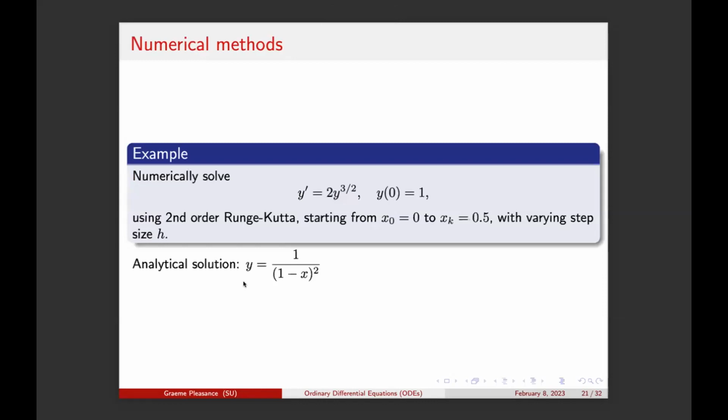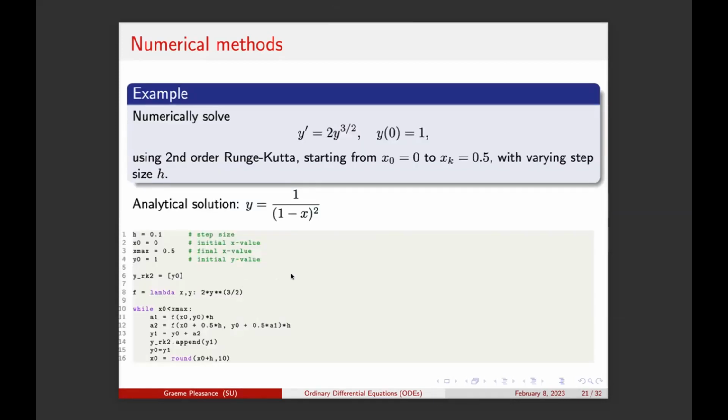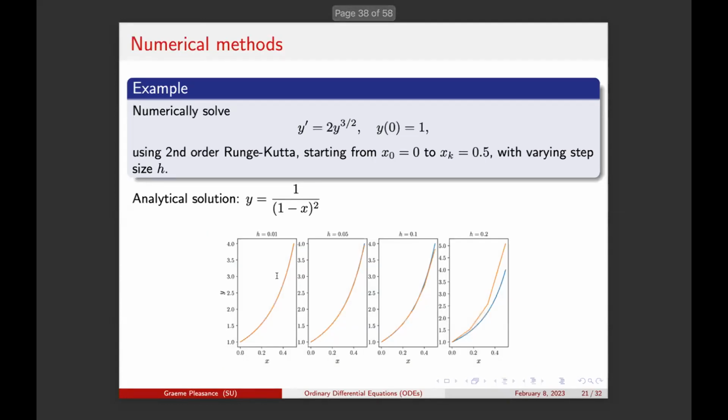Okay, so then we looked at the same example, the example where we can obtain an analytical solution, and we implemented the same Python code, except we just changed the recurrence relation that we use to obtain y at x_{k+1}. As we found in this example, and hopefully what you also found with some of the tutorials, the second order Runge-Kutta generally gives you a better approximation of the exact solution with decreasing step size.